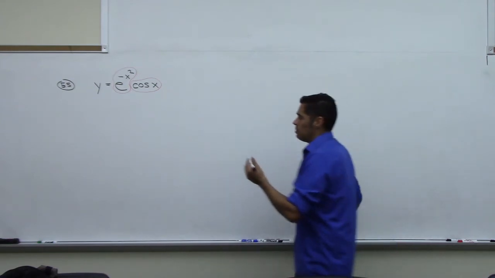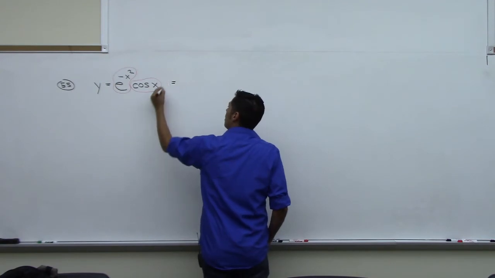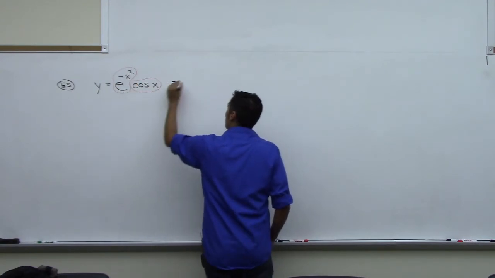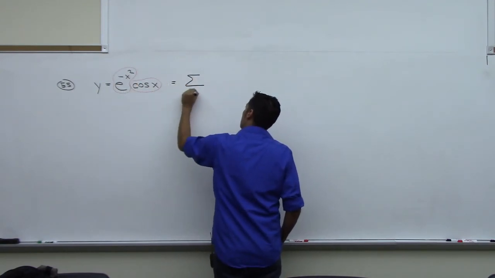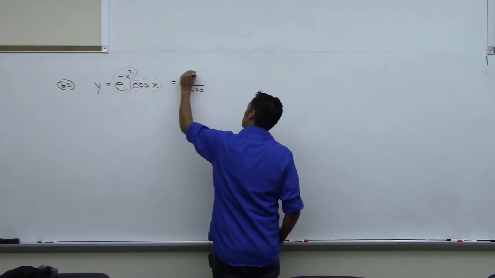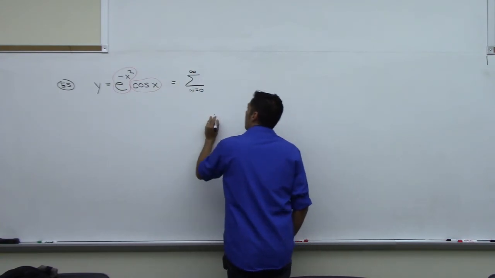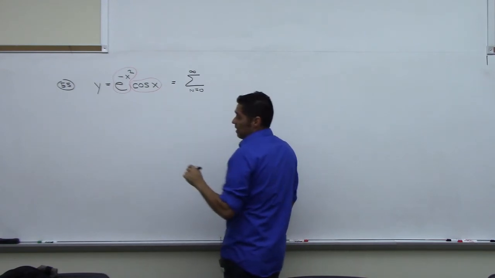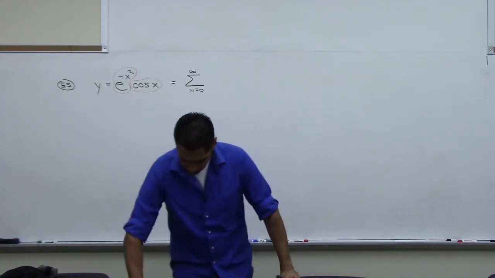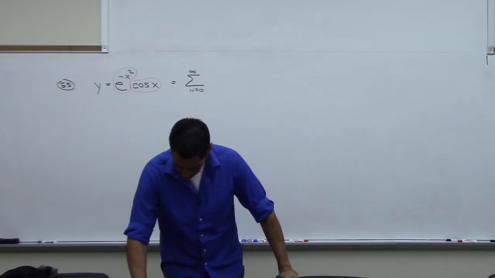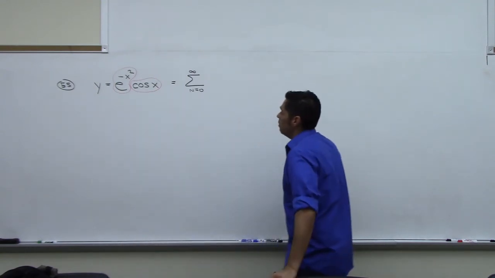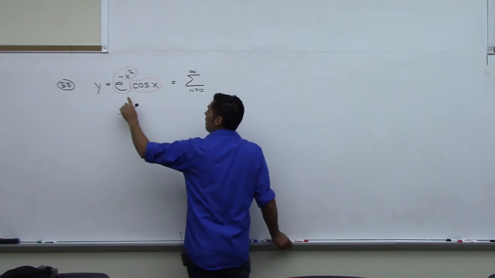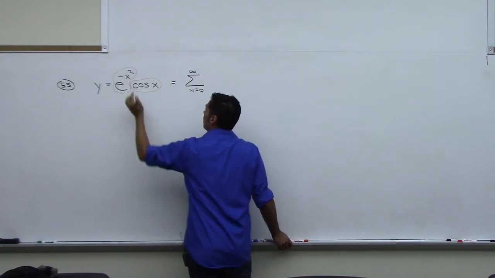And so the Maclaurin series for e to the negative x squared will be the sum from n equals 0 to infinity, and then we have the formula is x to the n over n factorial. Again, this is page 484. x to the n over n factorial, but here our x is actually negative x squared.